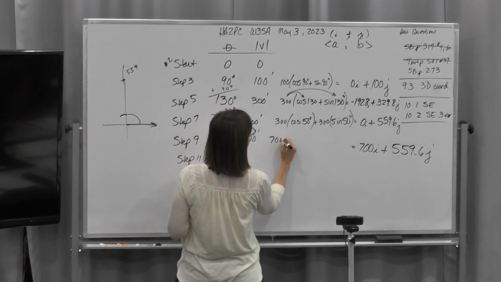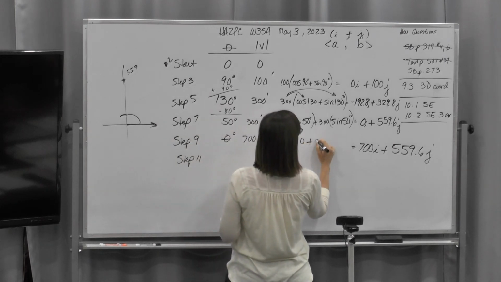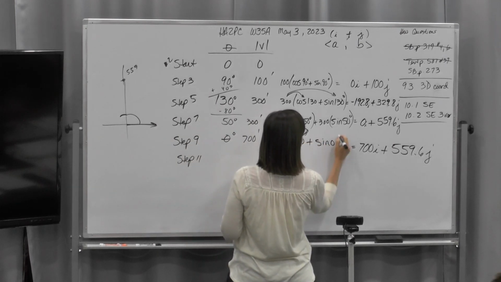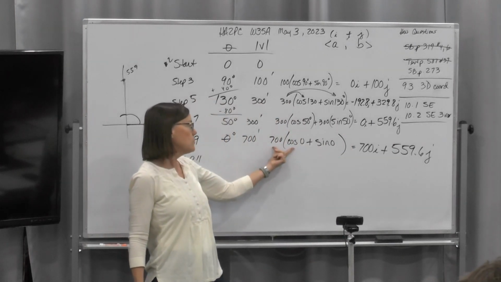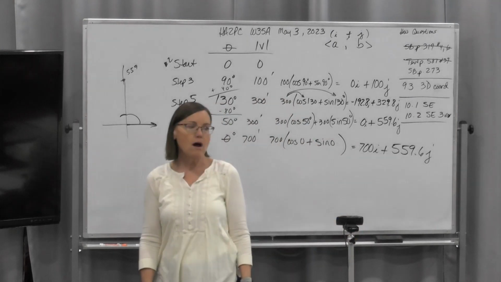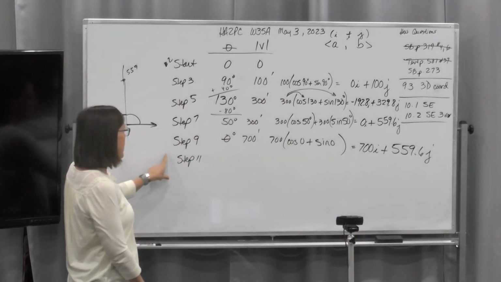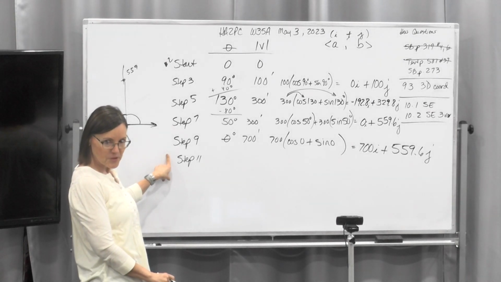If I take 700 times the cosine of 0 plus the sine of 0, that's going to be 1, that's going to be 0, multiply by 1, nothing added there. I'm adding on.